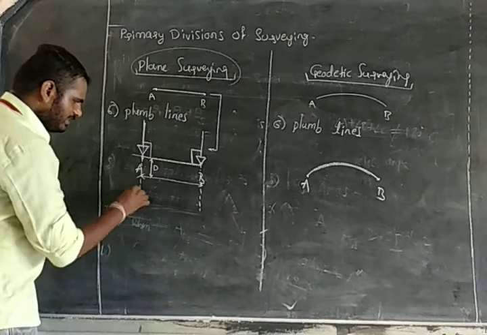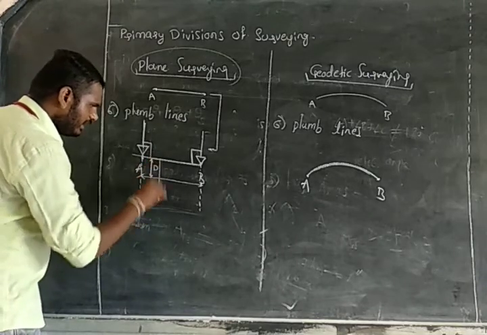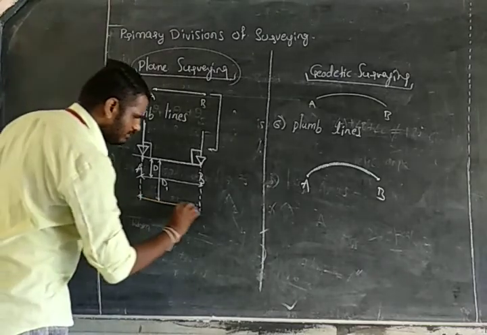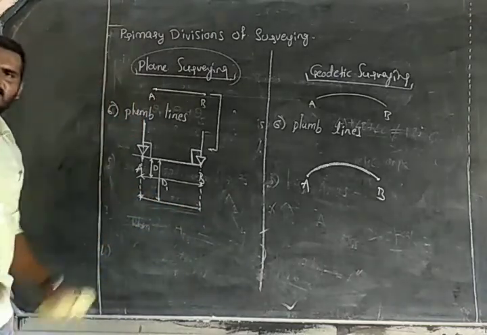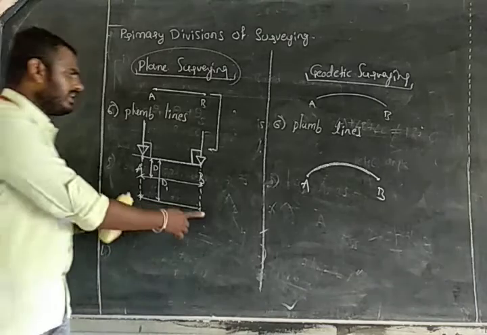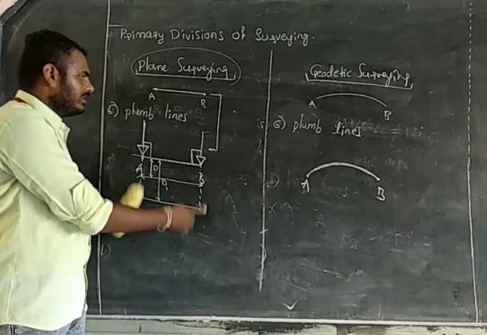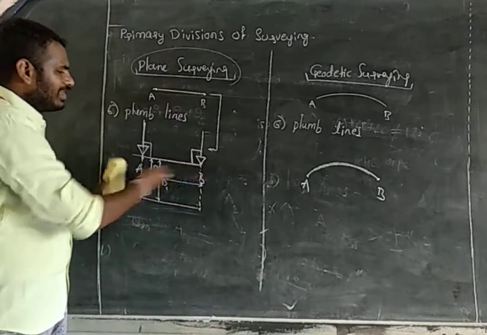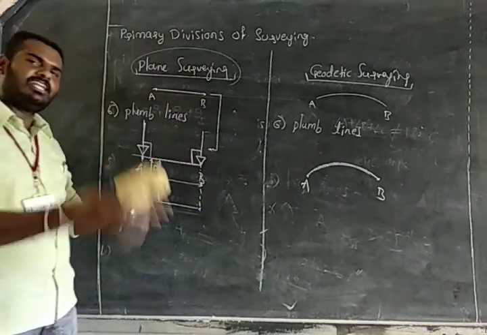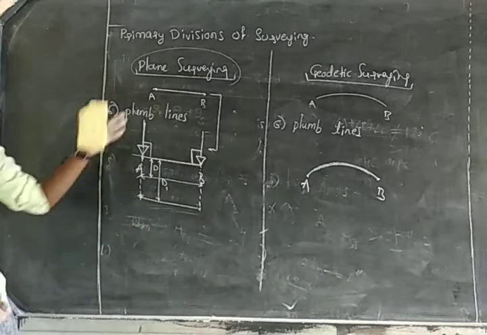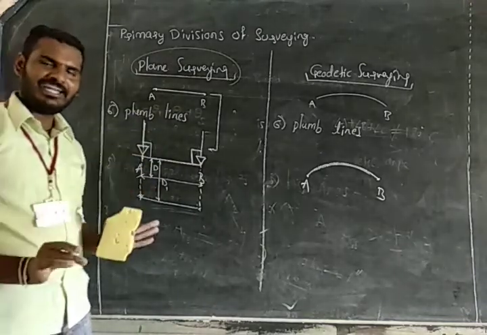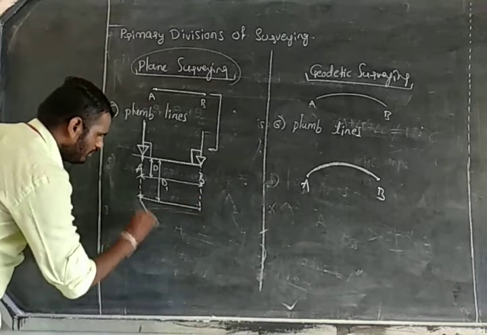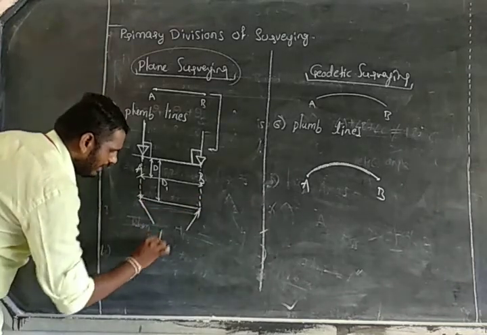Again at some depth D1, the distance between these two plumb lines is the same. So you can understand that two different plumb lines in plane surveying cannot meet each other at any location below or above the ground level, and they are mutually parallel to each other.